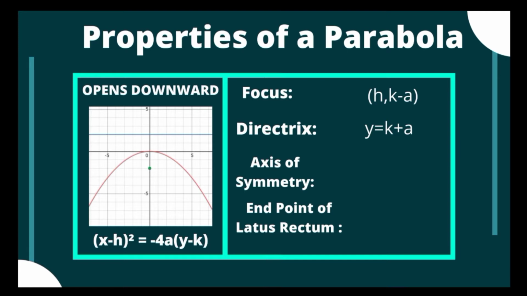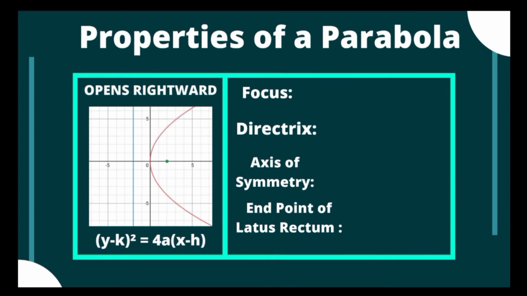So we get y is equal to k plus a. And then next is the axis of symmetry. It is still the same, x is equal to h. And last, the endpoints of the latus rectum will be h plus or minus the value of 2a, comma, the value of k minus the value of a.